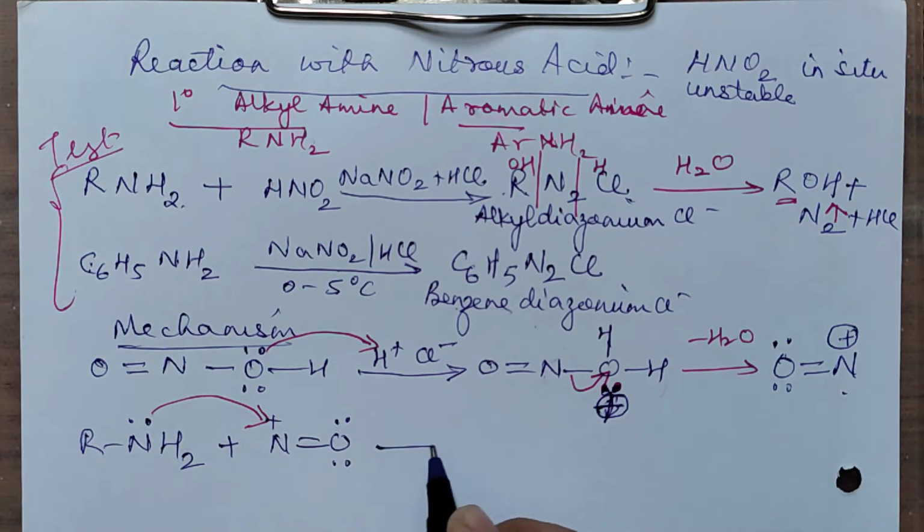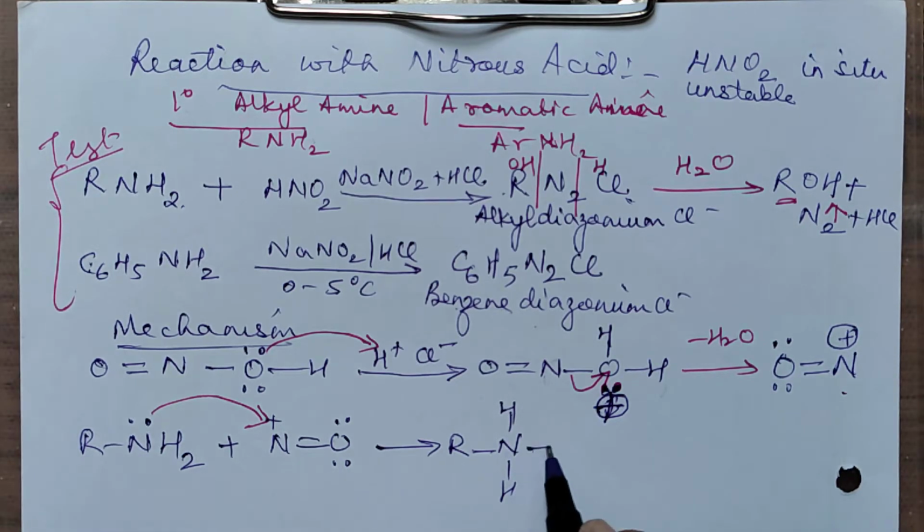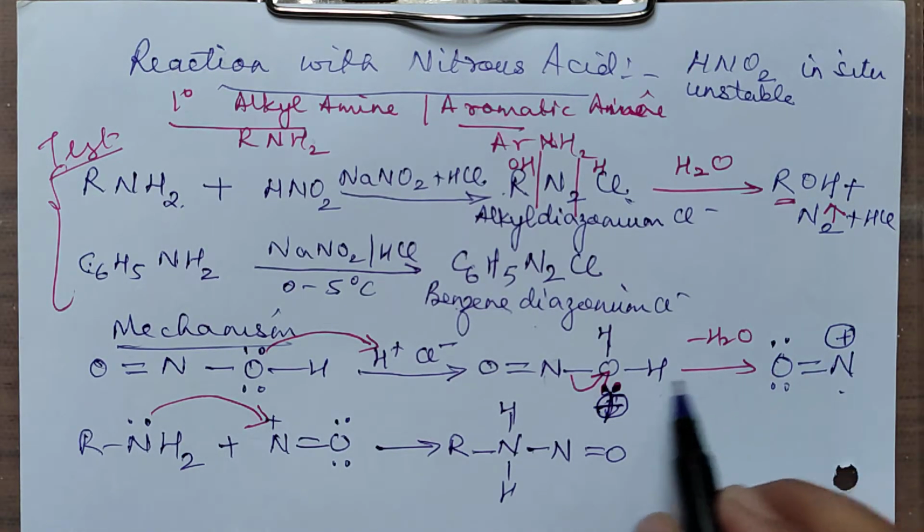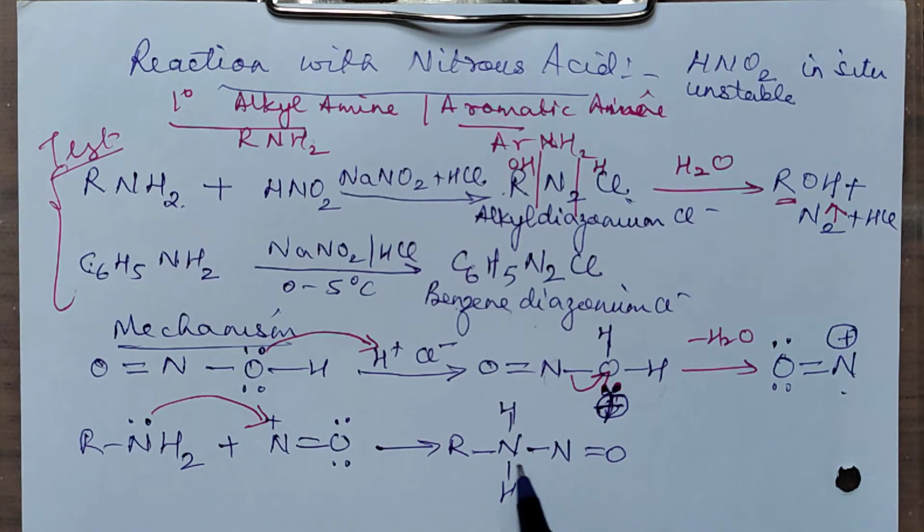So what you will have here is R, N, one H on the top I am writing, and the other H I am opening up. Through this N, it is getting attached, right? So this positive, don't get confused, was because it has lost the electron. Now on this particular nitrogen there will be a positive because it is having 4 bonds, right?